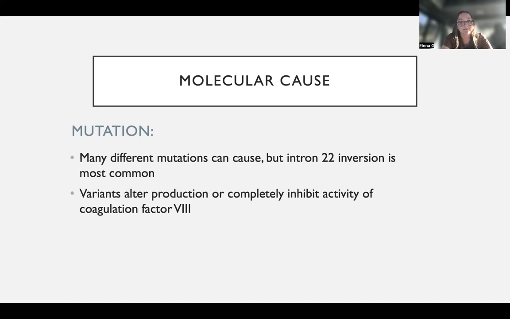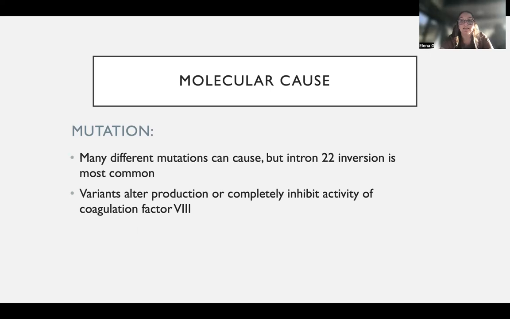So the inverted segment runs the opposite direction. And an inversion of intron 22, which is a specific segment of the genetic code that makes up the F8 gene, is the most prevalent genetic abnormality that causes severe hemophilia A in about 45% of patients.